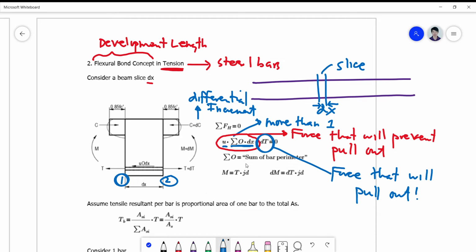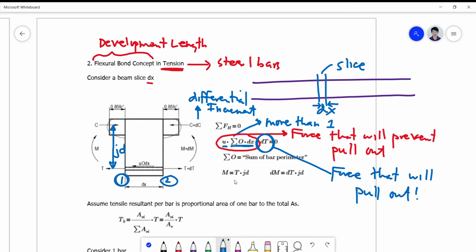So summation O is the sum of the bar perimeter. We take note that we also have an M plus dM here. If I consider this moment arm to be jd, as we are using this parameter in our stress design, M is simply equal to T jd.